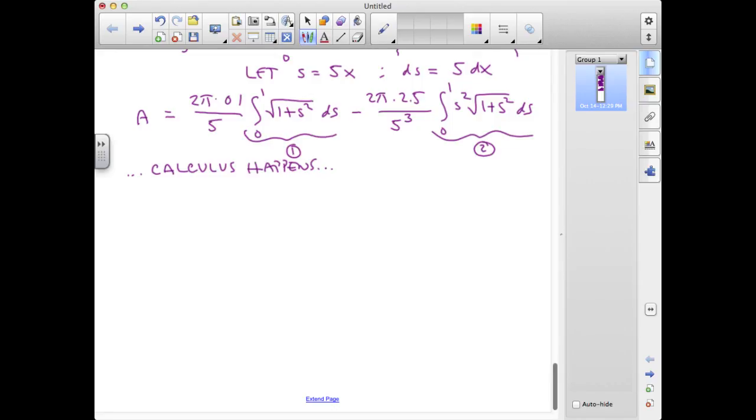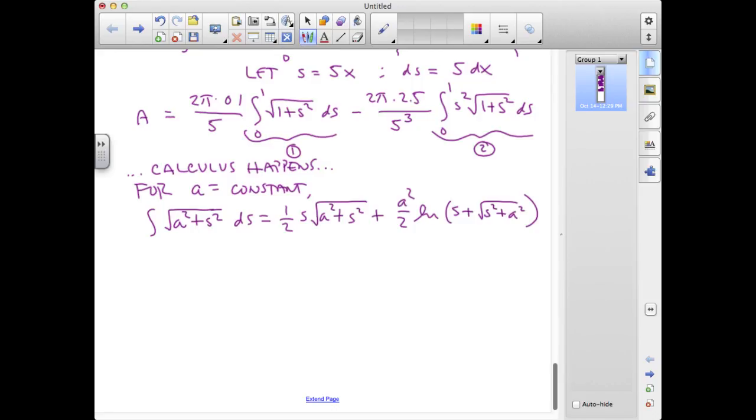But if I have a parameter a, so this is for a equals a constant, a real constant, it can be shown that the integral of the square root of a squared plus s squared ds is equal to this.